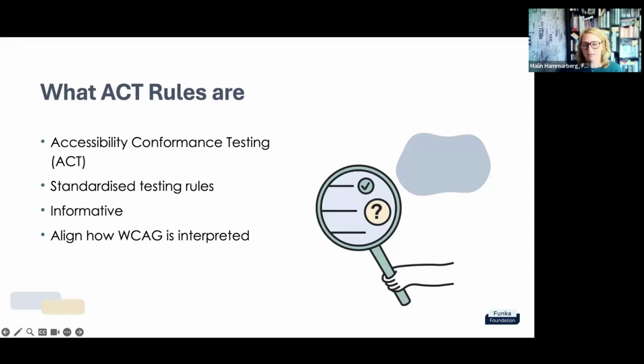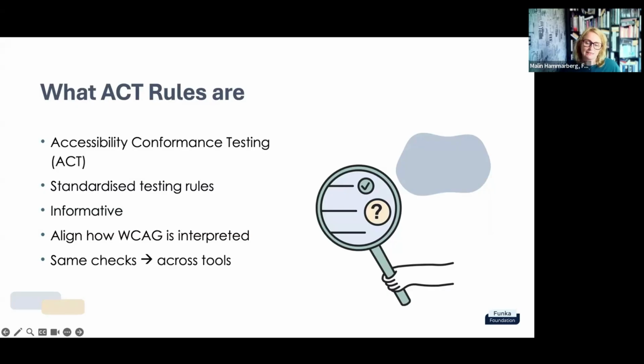So the main purpose of ACT rules is to align how WCAG, or Web Content Accessibility Guidelines, is interpreted. Even though some rules relate more directly to semantic HTML and ARIA, the focus is on supporting consistent testing of WCAG requirements.